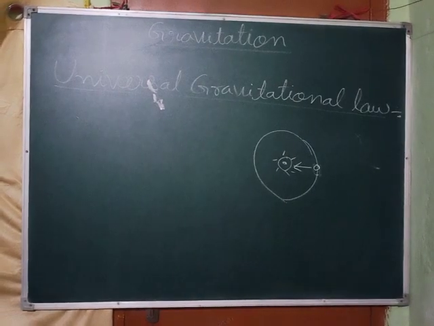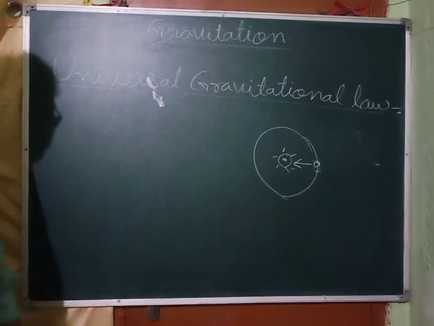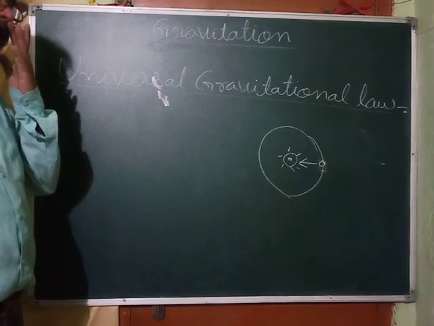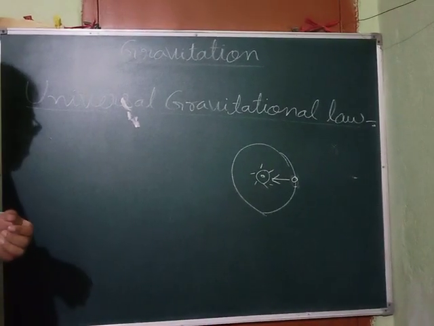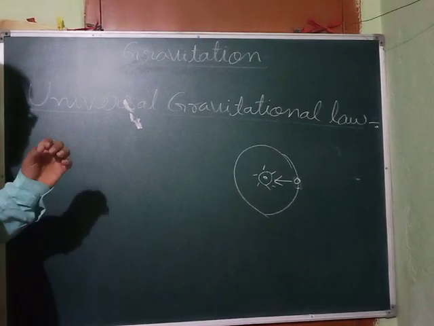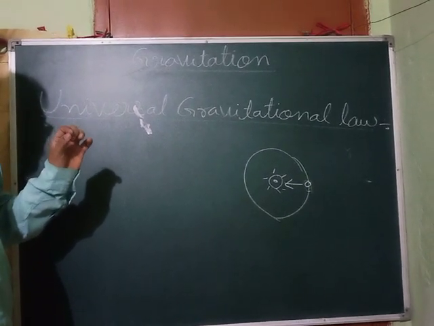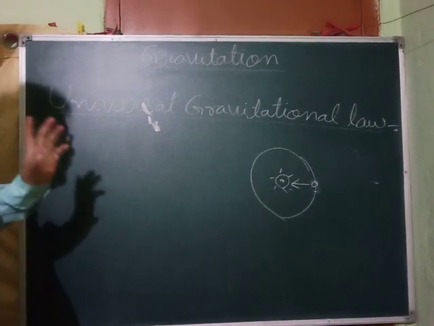First point, the rotation of earth around the sun. In bracket you can write, the attraction between sun and earth provides necessary centripetal force to the earth for rotation.